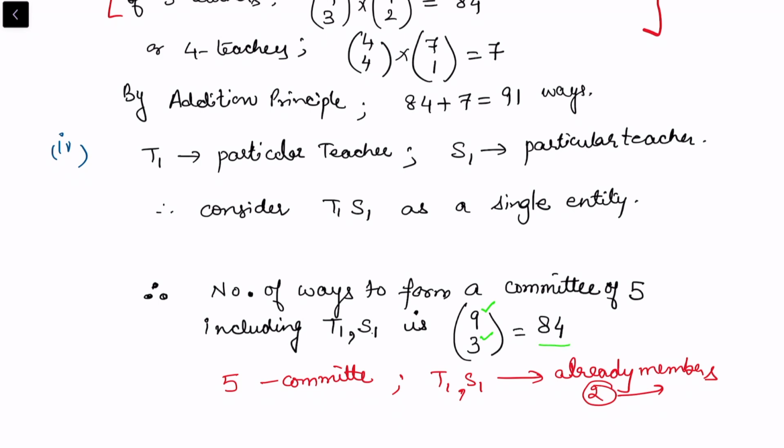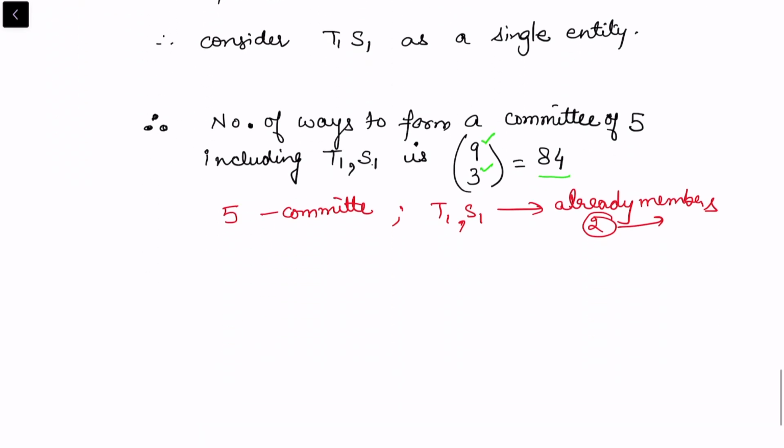So that is 84. Now using the complement principle, we take the total number minus the committees including T1 S1.